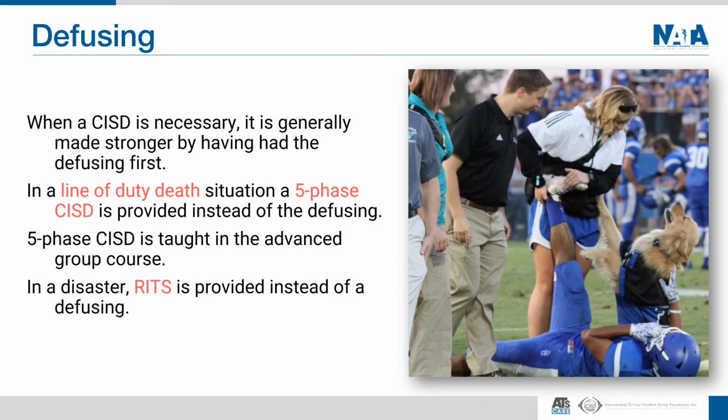When you're in a disaster, because again, the process is still going on, a RITS would be used to deliver information and provide people with feedback about what's going on and maybe food, etc. It's provided instead of a defusing because in a disaster, the situation is ongoing and we may not get to the end of the disaster, even though the end of someone's shift has taken place and they're coming off the line.